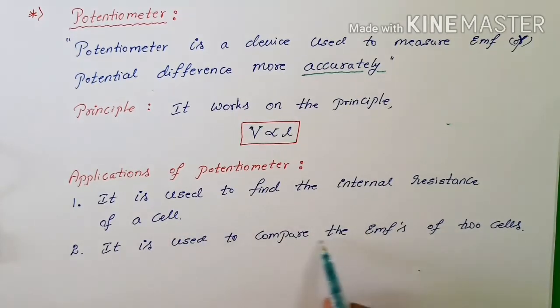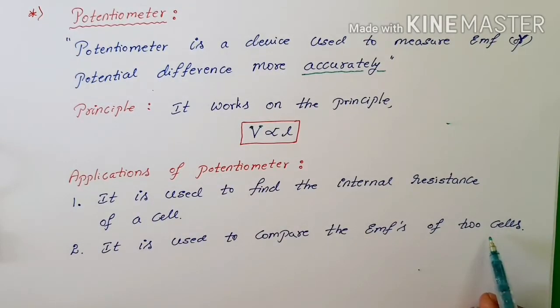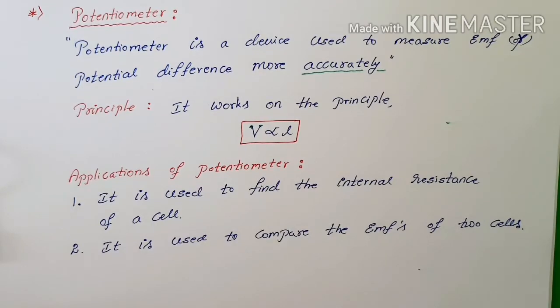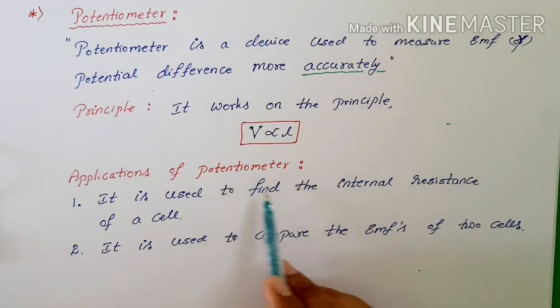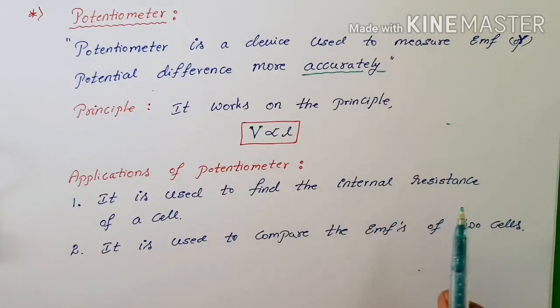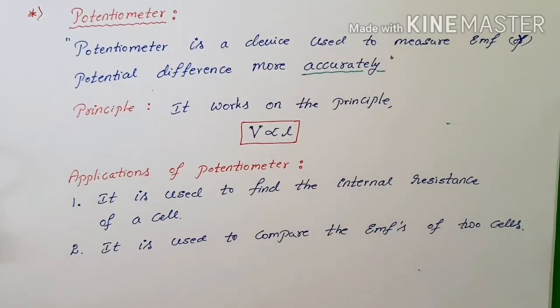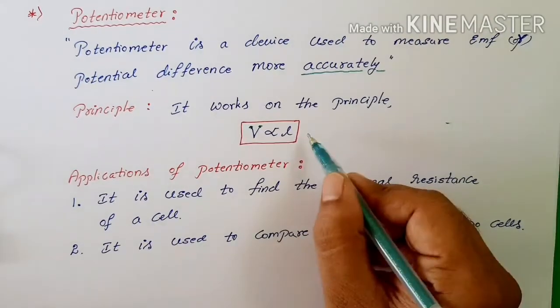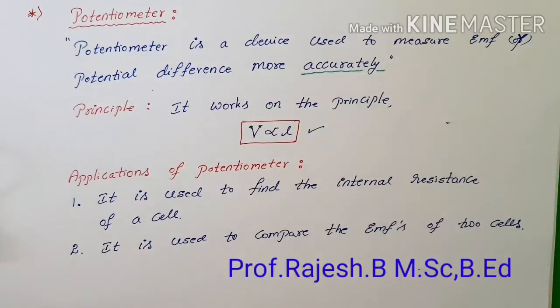And it is used to compare the EMF of two cells. This is also in practical. These are the two practical applications based on the potentiometer. Is it clear? So the potentiometer is used to find the internal resistance of a cell and to compare the EMF of two cells, and the principle is very important.